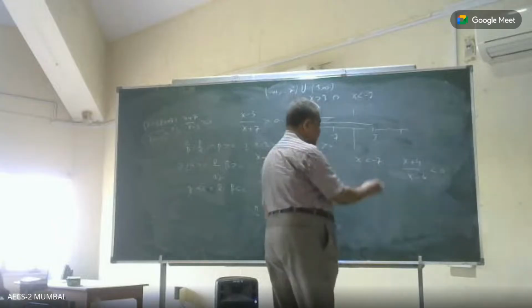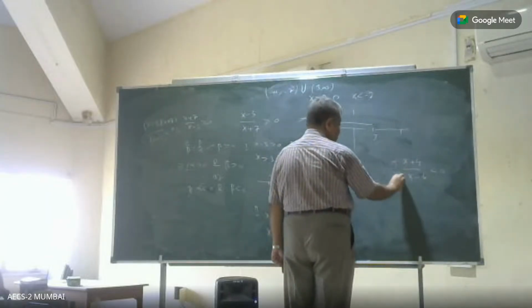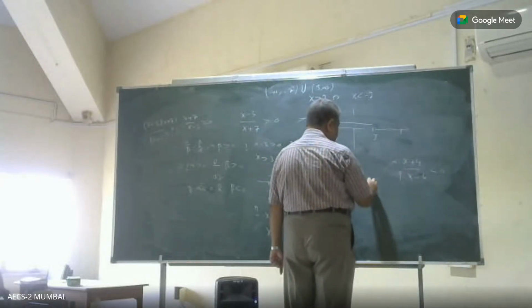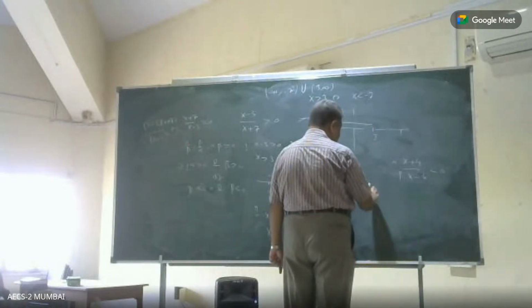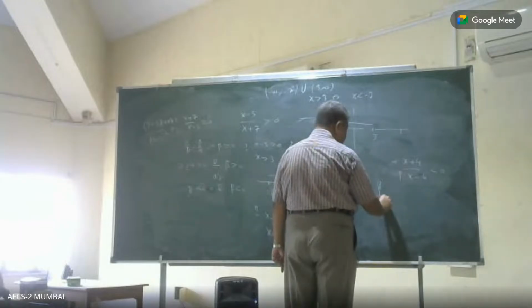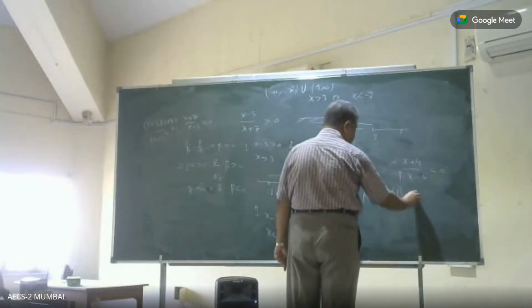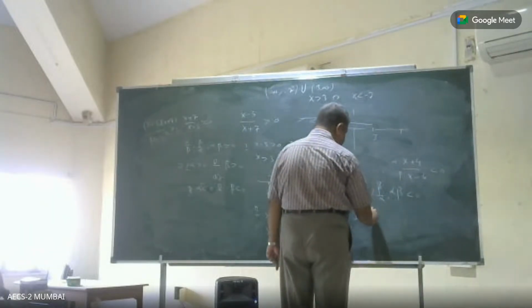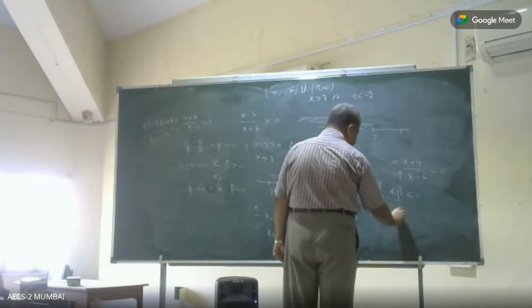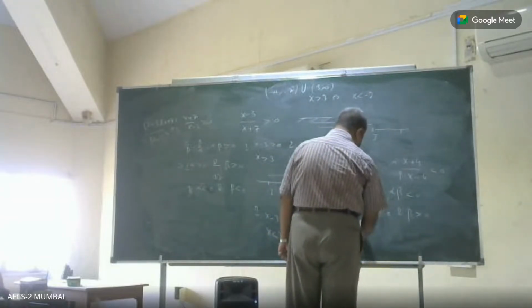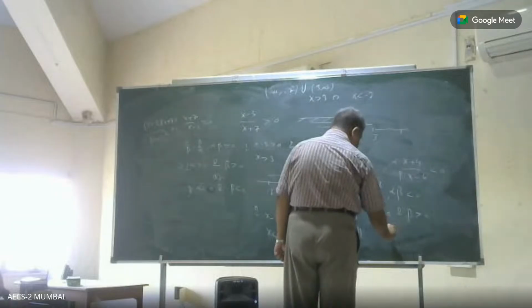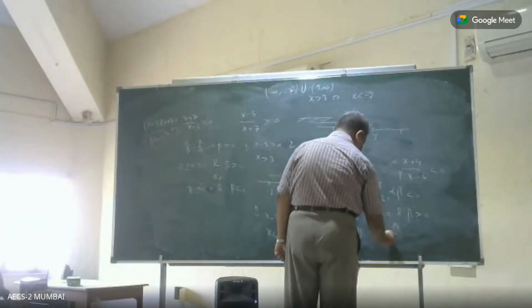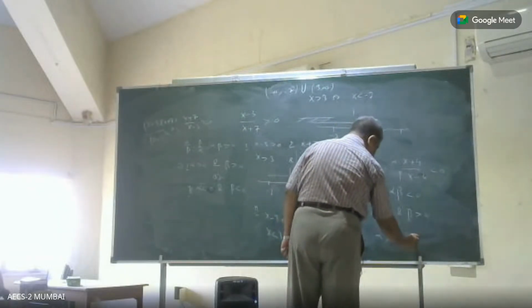So this is like saying alpha beta, this is alpha, this is beta. Alpha upon beta, or beta upon alpha, or alpha beta is negative. In the first case, alpha is negative and beta is positive. In the second case, alpha is positive and beta is negative.